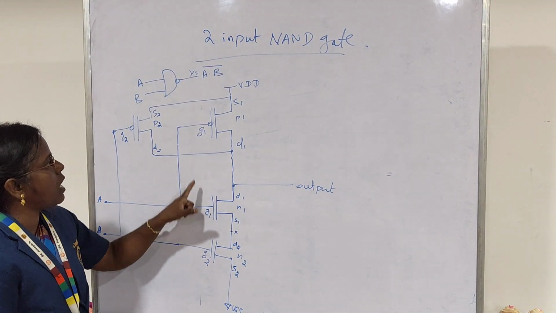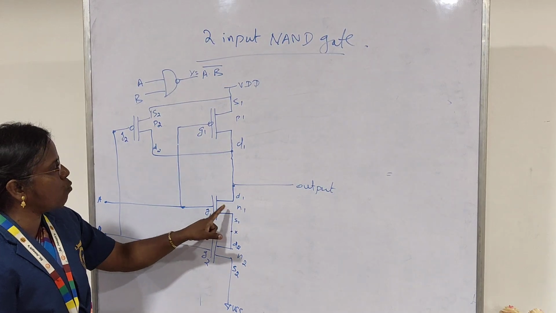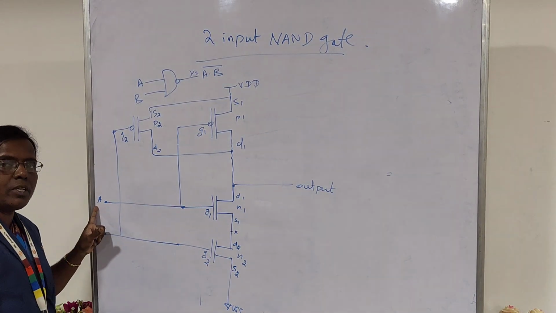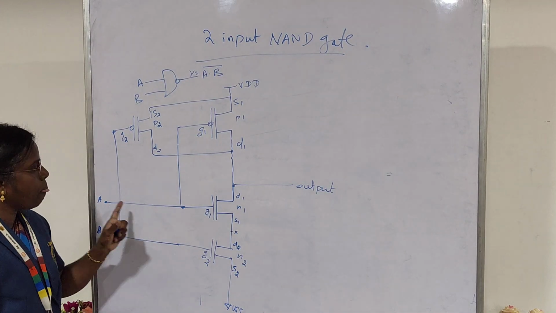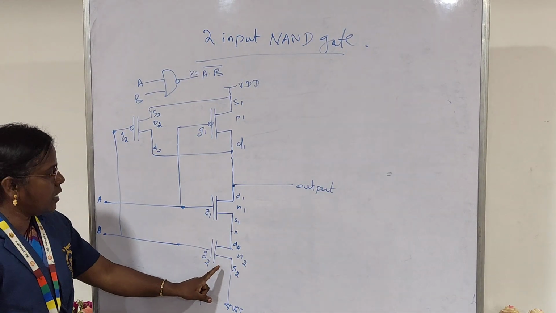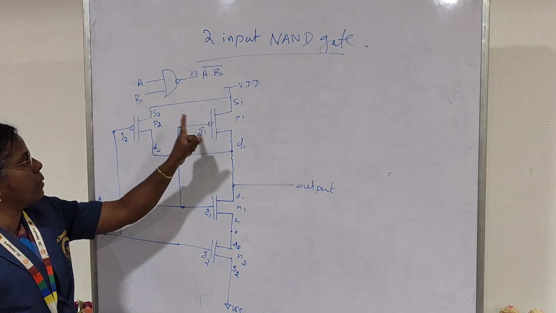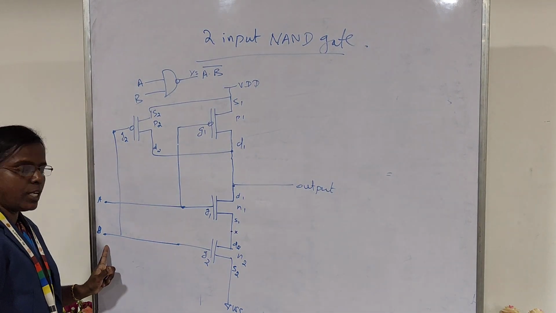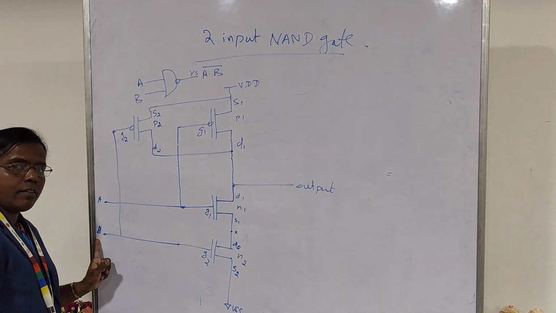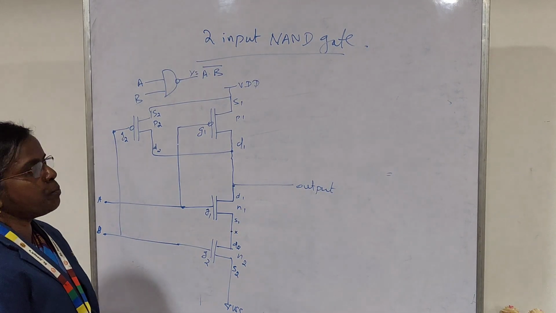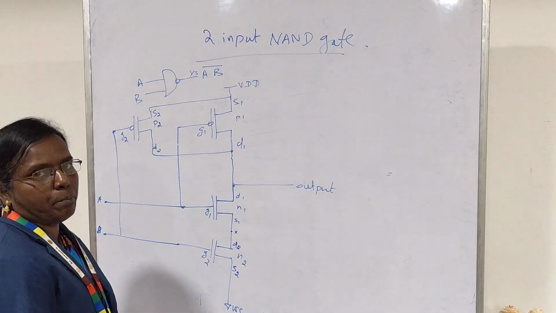So the G1 and the G1, that means N1 gate terminal, P1 gate terminal can be connected together. That can be named as the variable A, and the gate 2, that is N2 gate and the P2 gate, must be connected together, and that is where we can apply the B input variable. So this is how two input NAND gate can be implemented.